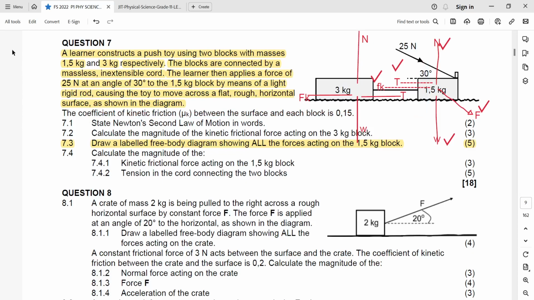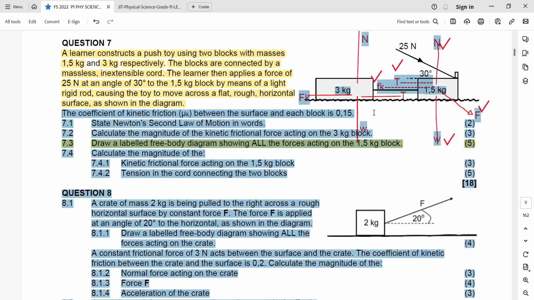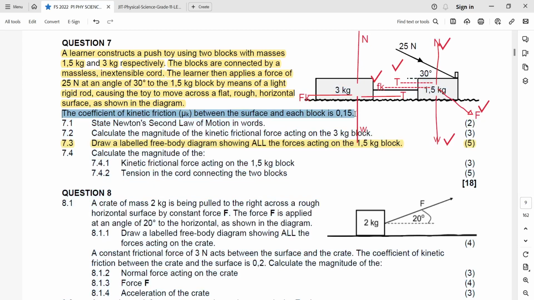Okay? Then the coefficient of kinetic friction, which is represented as μk, between the surface and each block is 0.15. So which means for the block of 3 kg, kinetic friction applies. The coefficient applies, and for the block of 1.5 kg, the coefficient of kinetic friction also applies on it.